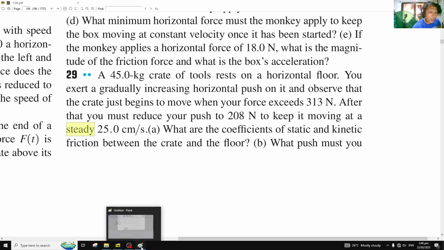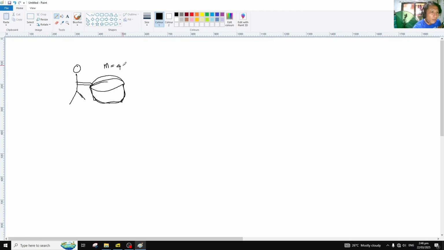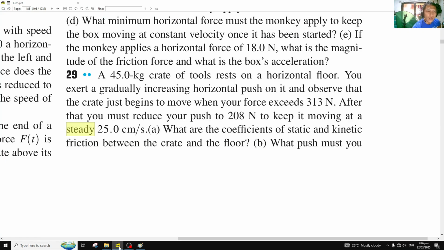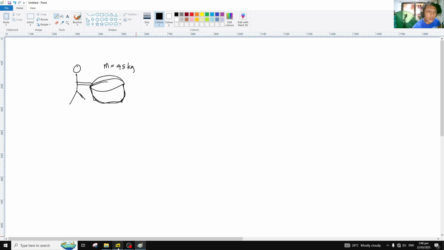The mass is 45 kilograms. It's a crate of tools, so maybe I can just imagine my saw here, and then maybe you have a hammer.